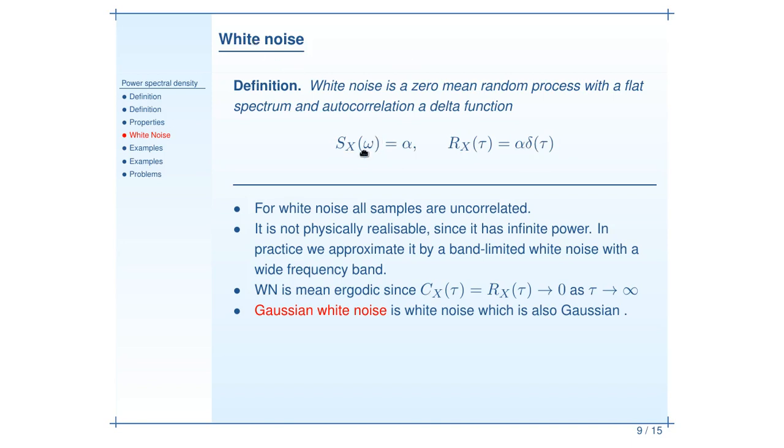So you can define a white noise as a random process having zero mean and having a flat spectrum, or having autocorrelation which is a delta function. Autocorrelation being a delta function means all samples are uncorrelated.